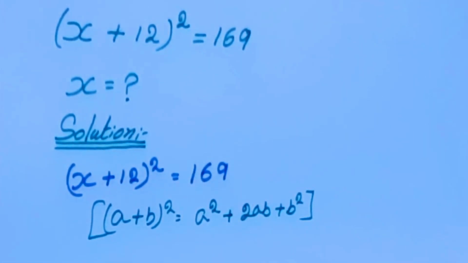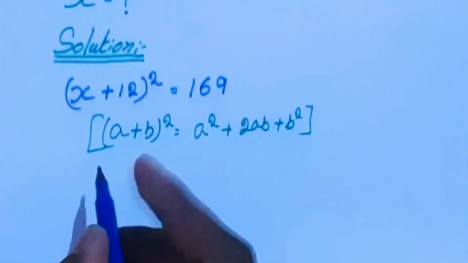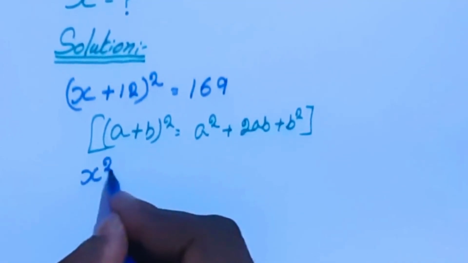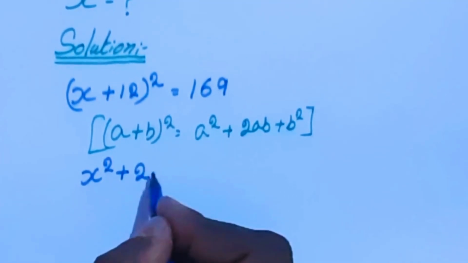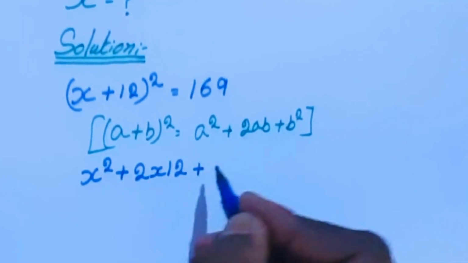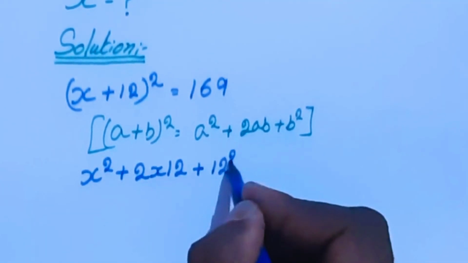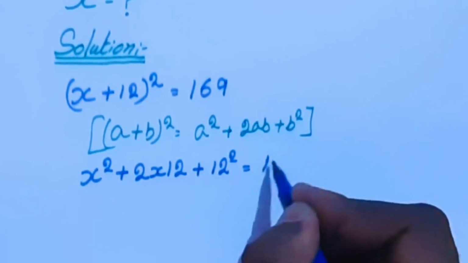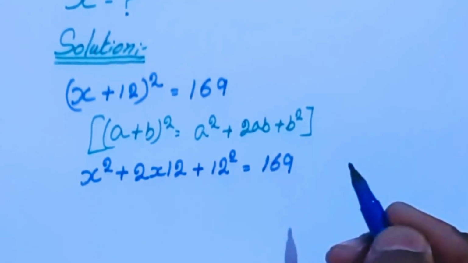So we'll get x² + 2 times x times 12 + 12² = 169.